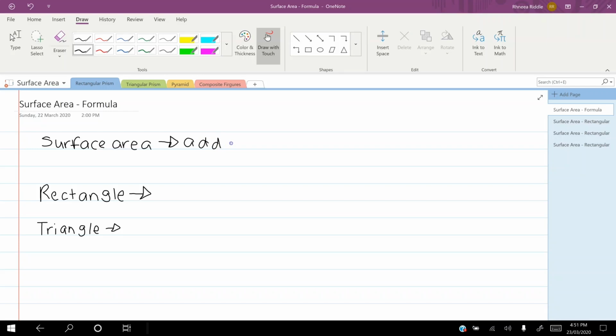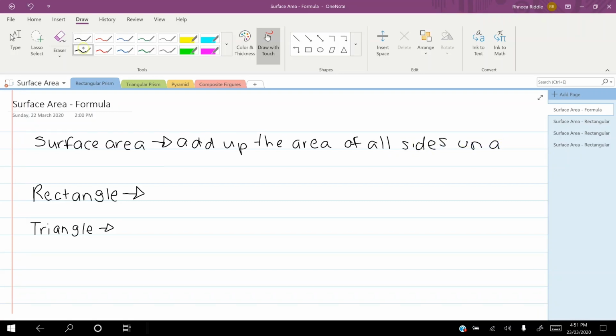So when you add up the area of all sides on the shape, you have to find the area of each side of the shape.